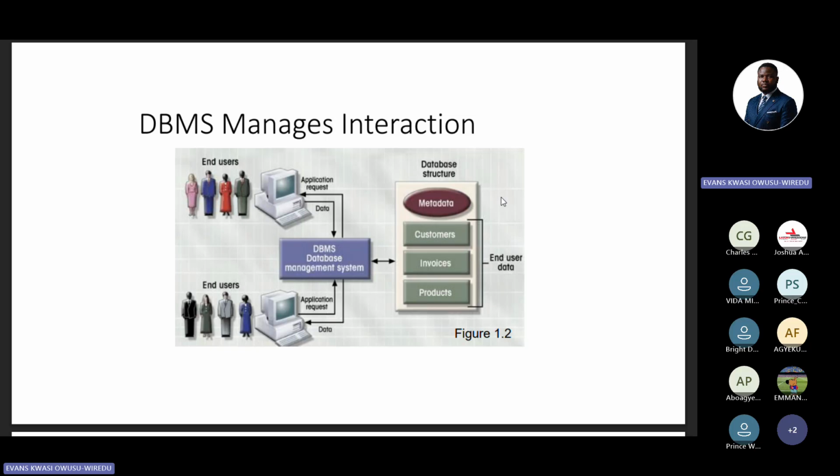And it's also kept in a storage called the server. So the storage is normally called what? A server. The place where the actual data is kept is normally called a server. So I want you to know these terminologies as we move on. This is how the DBMS manages interaction between the back-end users and the end users.